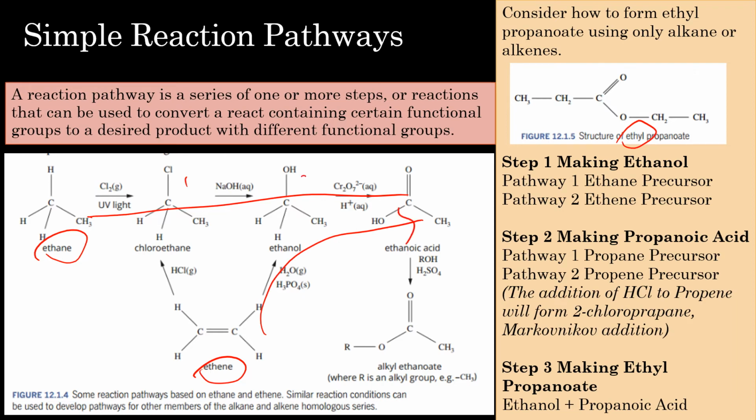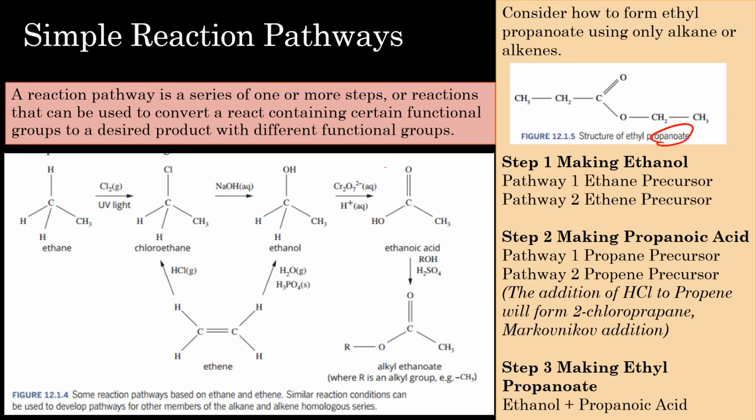So we've got 1, 2, 3 there, or just 1, 2 steps there. So we'll have to think, well, what's the easiest way? And then we'll just mix the, what was it, propanoic acid plus the ethanol to make ethyl propanoate.